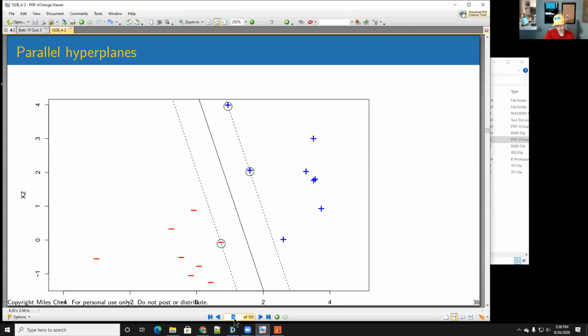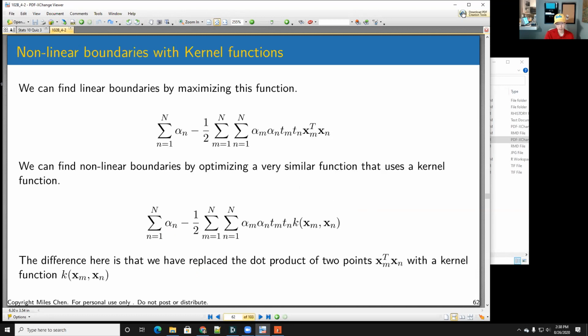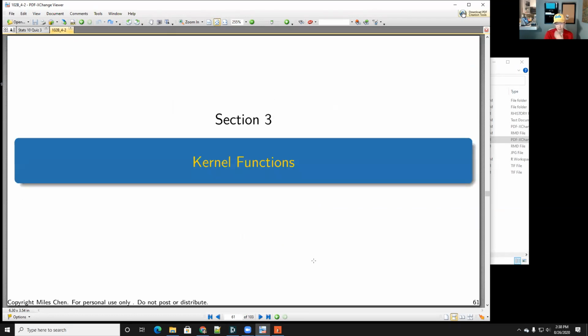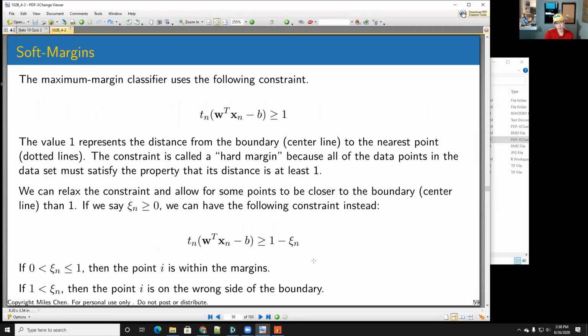And so, you know, we don't want one point to have so much influence. So what we do is we put a cap on how much influence a single point can have. Okay, and that's going to be kind of a constraint, and it puts an upper bound on how much influence a single point can have on defining the boundary. And so that allows for soft margins.